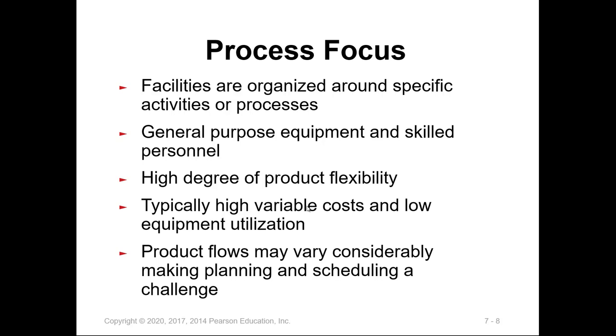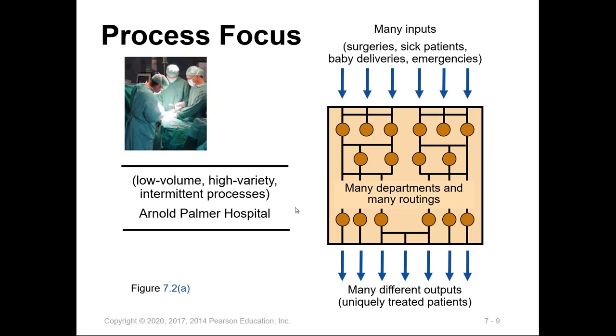Product flows may vary considerably, making planning and scheduling a challenge. This figure shows an example of a process-focused strategy at Arnold Palmer Hospital. In the process-focused strategy, we have many inputs and many different outputs. Each patient will be routed differently and might go through many departments or many different procedures.